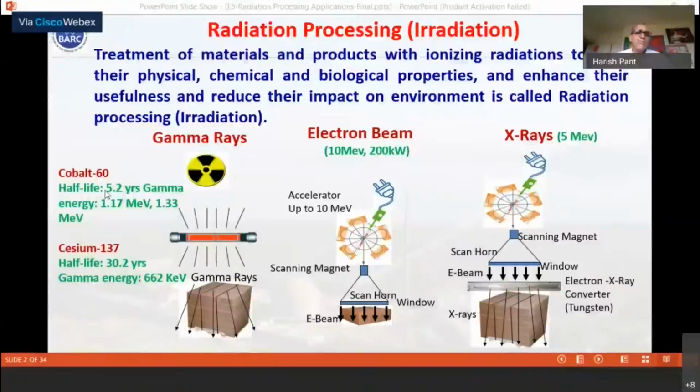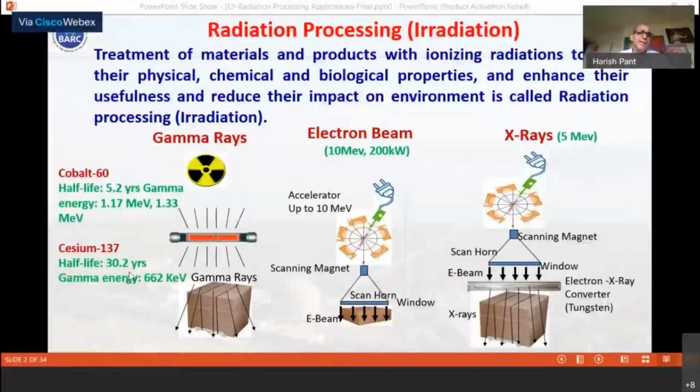Cobalt 60 has a half-life of 5.2 years and it emits 2 gamma radiations of 1.17 MeV energy and 1.33 MeV energy, both 100% abundant. Cesium 137 is also a very useful source for radiation processing.